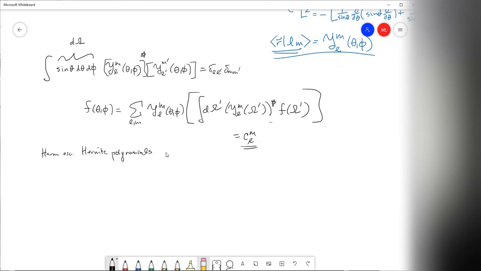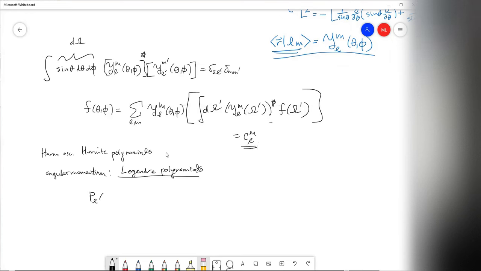Well, for angular momentum, you get a different set, and those are the Legendre polynomials. But it's a little bit tedious to derive them, so maybe I'll do it in recitation at some point.